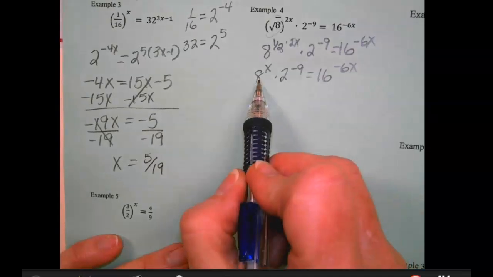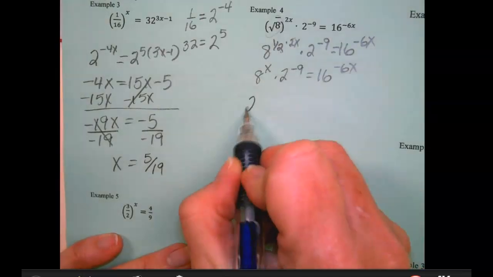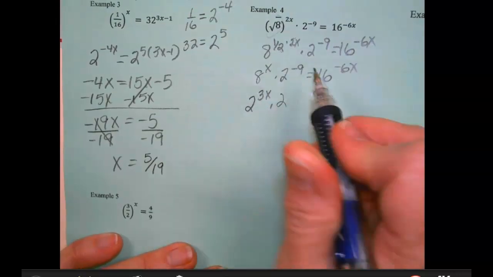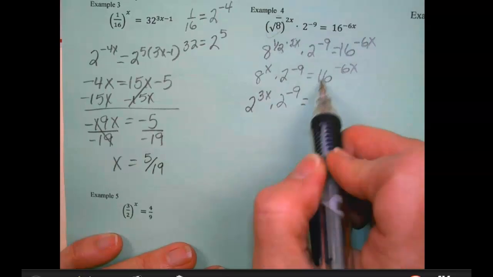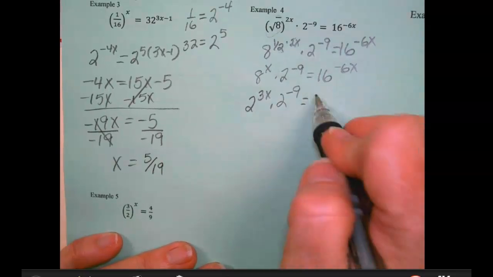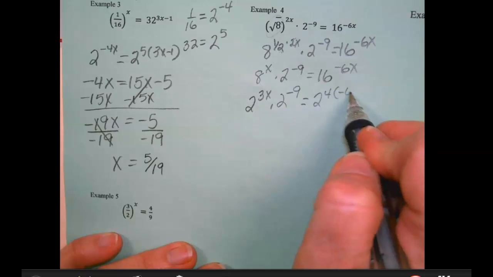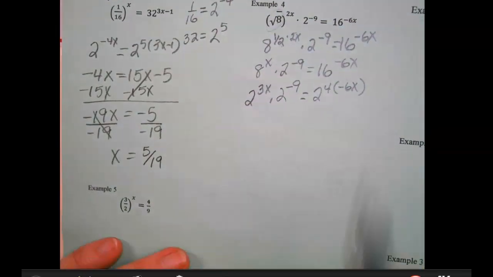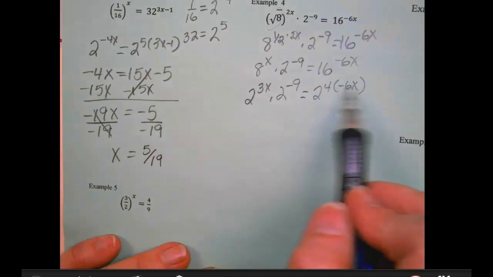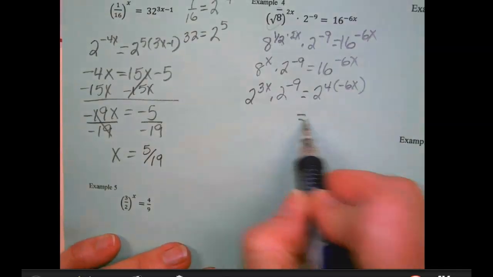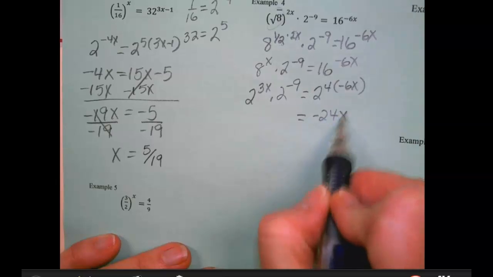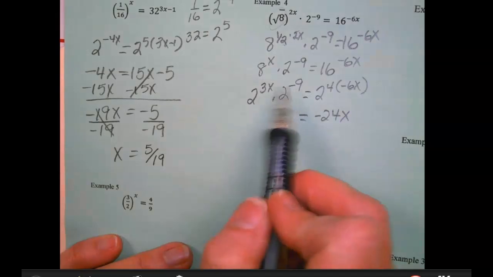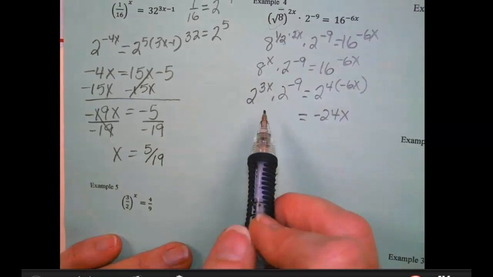So 8 is going to be 2 to what power? 2 to the 3x. And then I have times 2 to the negative 9. And we already said 16 is 2 to the what? 4 times negative 6x. Now these are multiply on this side, correct? So I'm going to go ahead and do minus 24x. And y'all, what do I do with my exponents when I'm multiplying? I add.